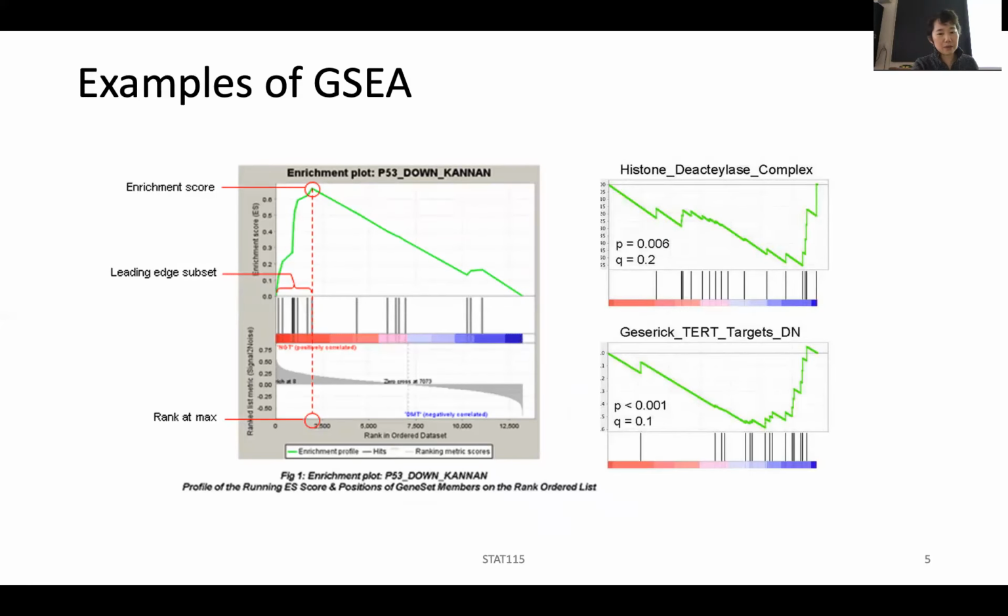Later on, this tool has been gradually improved and is developed by the Broad Institute between Harvard and MIT. And now there's a tool they evaluate. So you can see the idea is like this. If you look at all the genes that are either upregulated or downregulated genome-wide, this is kind of the genome-wide order.